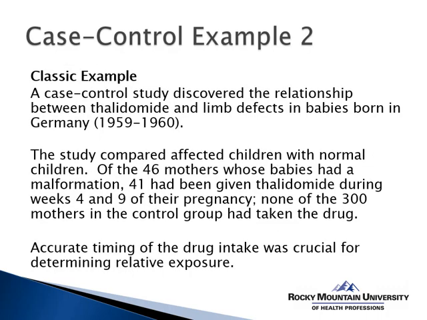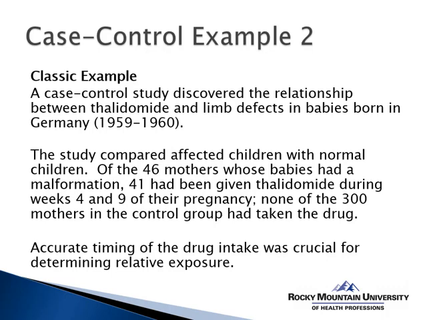Another case control study example, this one discovered the relationship between thalidomide and limb defects in babies born in Germany. The study compared affected children with normal children. Of the 46 mothers who had babies with malformations, 41 had been given thalidomide during weeks 4 and 9 of their pregnancy.